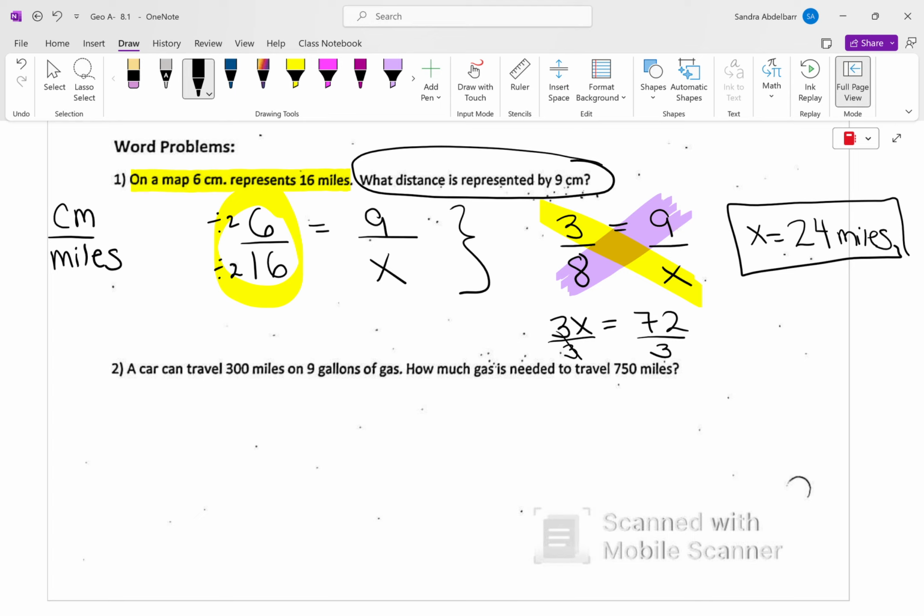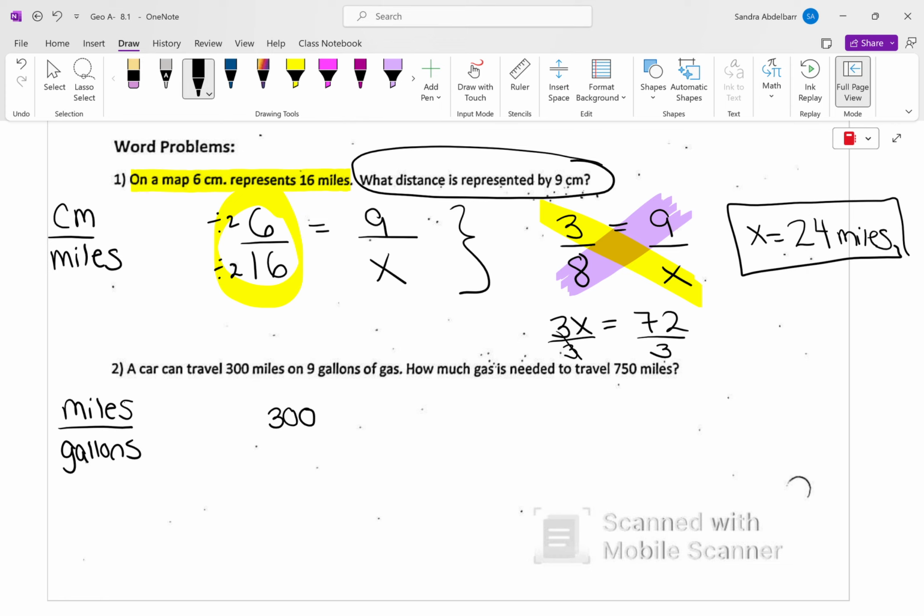All right, number 2. A car can travel 300 miles on 9 gallons of gas. So what's the ratio here? Miles to gallons. Miles to gallons. So I'm going to decide miles is going to go on the top and gallons will go on the bottom.